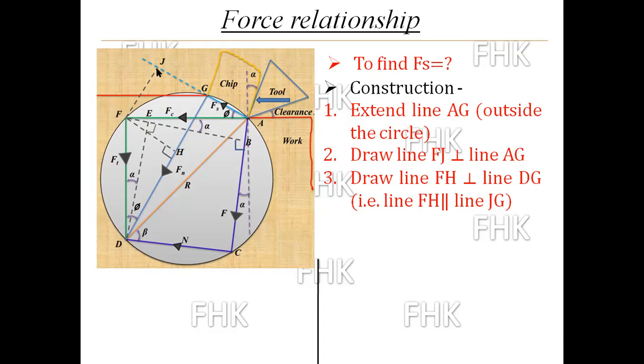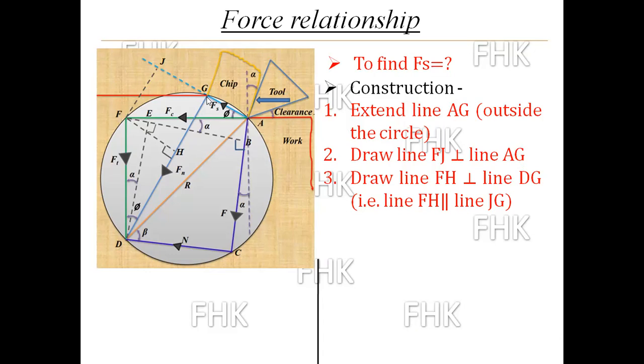The intersection point I will name J. Third construction: I will draw the line FH, which is perpendicular to GD. Remember this. The derivation may come in the examination, or directly you have to remember the formulas.